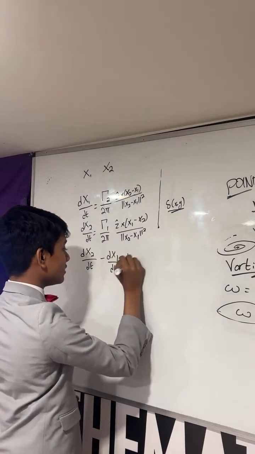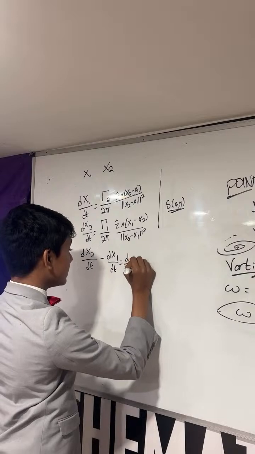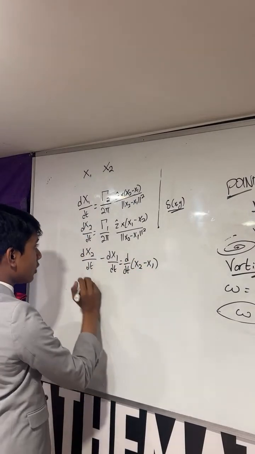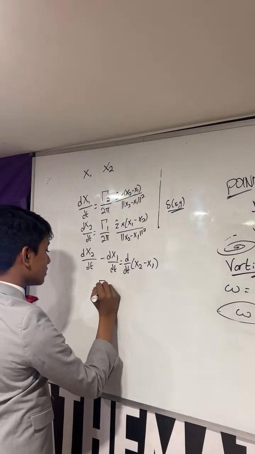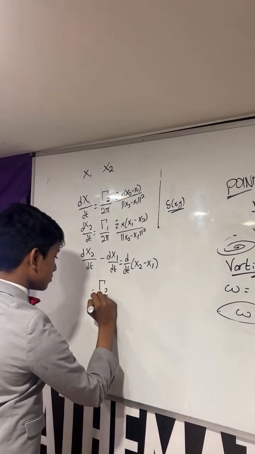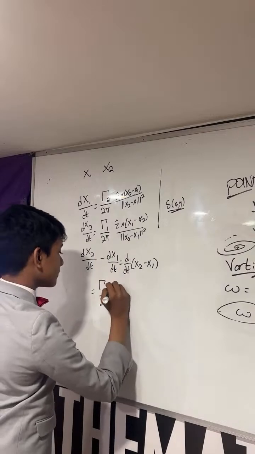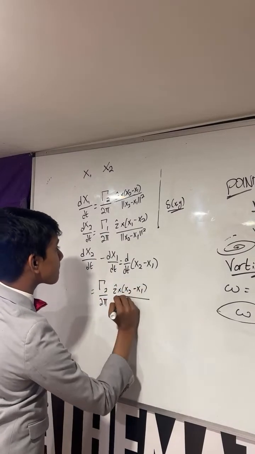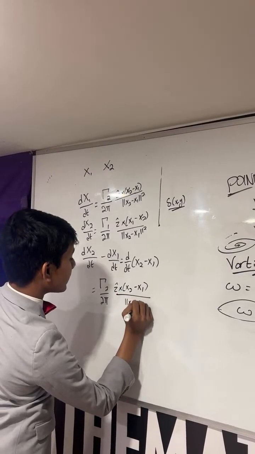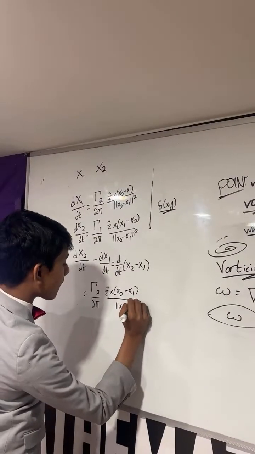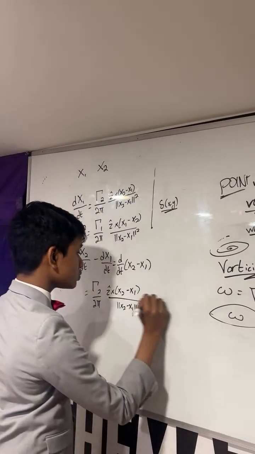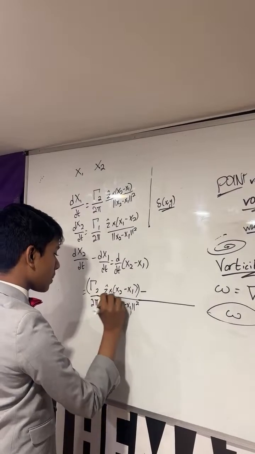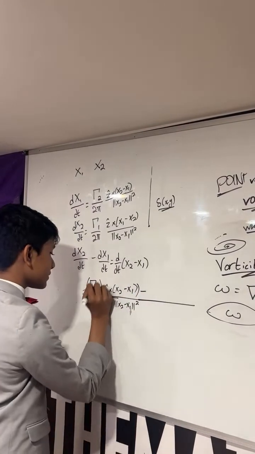Well, that would just be equal to d/dt of (x2 minus x1). And keep in mind they have a common denominator.